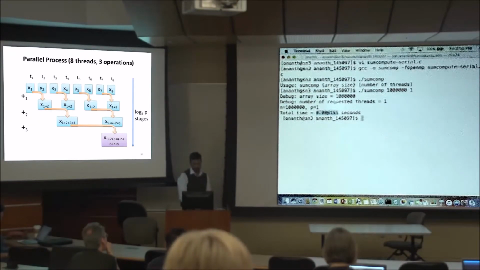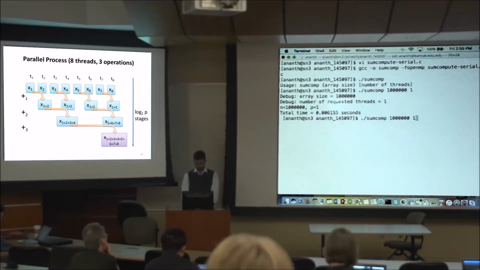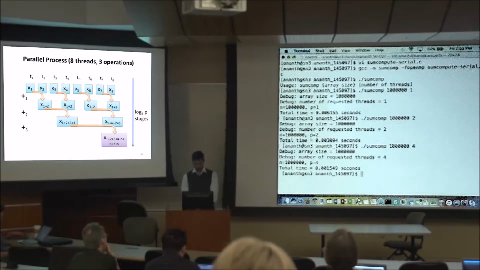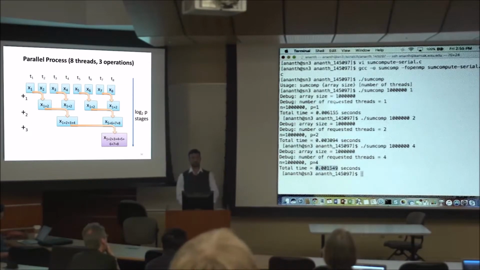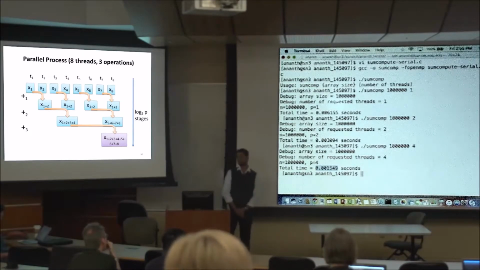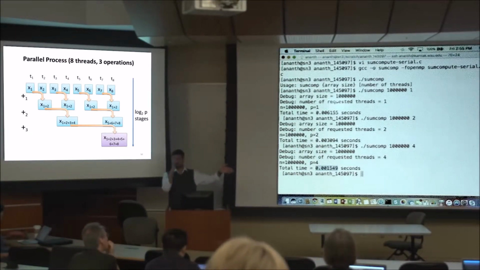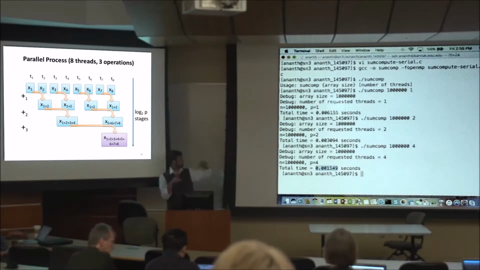Here I'm getting about 6 milliseconds, right? So 2 threads 3 milliseconds, 4 threads 1.5 milliseconds, so it seems to be scaling, right? So you double the number of threads, you are halving the runtime. It won't obviously keep happening due to Amdahl's law, right? Make sense?